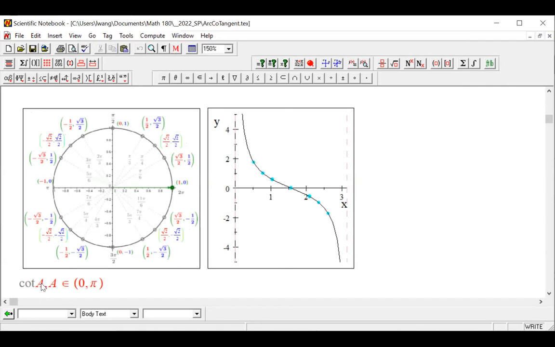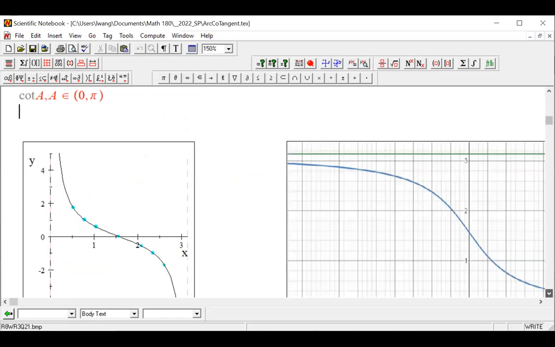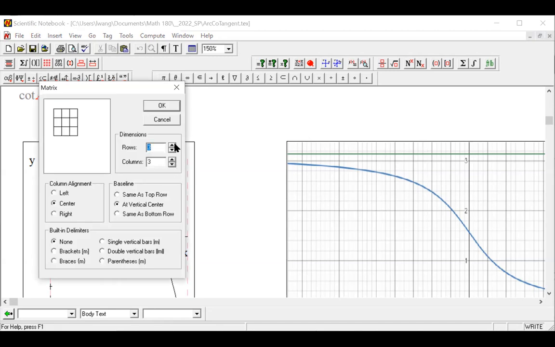So what is the cotangent on 0 to pi? Let's look at those values, of course the special values. I'm going to make a bunch of rows, enough for us.